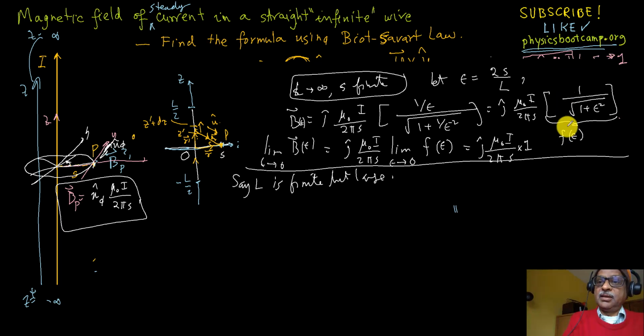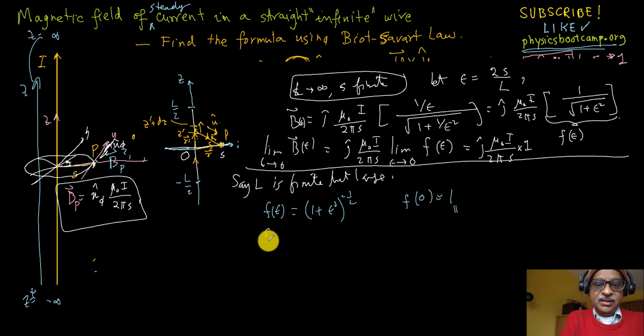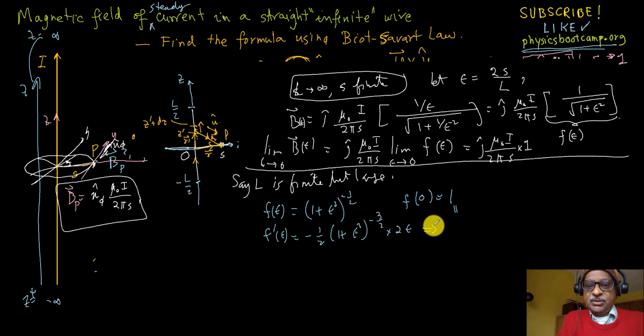So we have f of epsilon, which is 1 plus epsilon square to the minus half. We want to expand. f of 0 is 1. Then f prime of epsilon is minus half times 1 plus epsilon square to the minus 3 half times 2 epsilon. And so f prime of 0 is actually 0, right? Because this is 0 and this is 1.